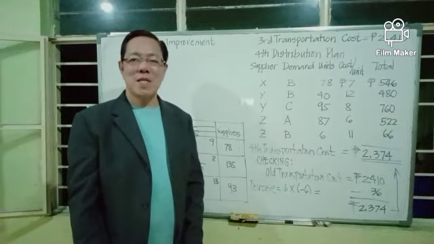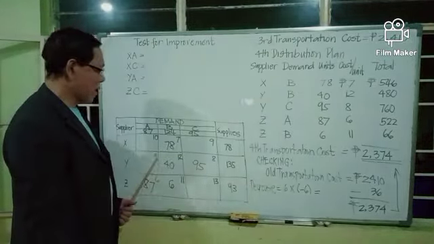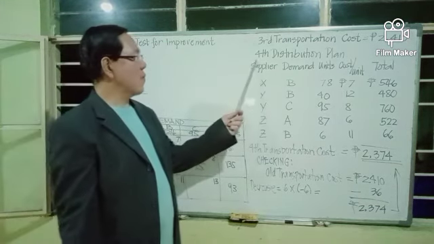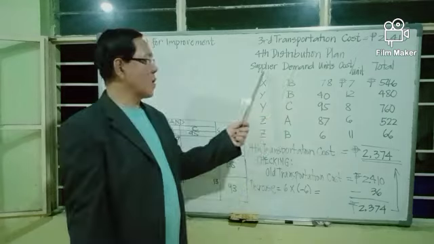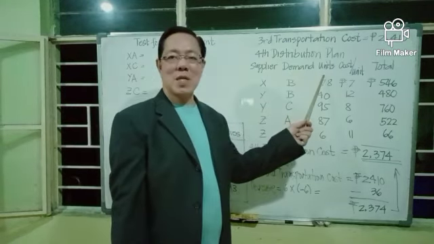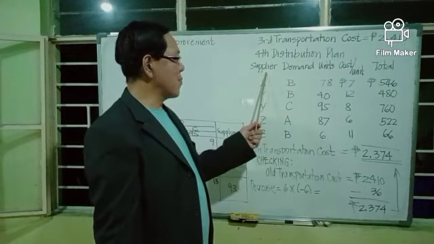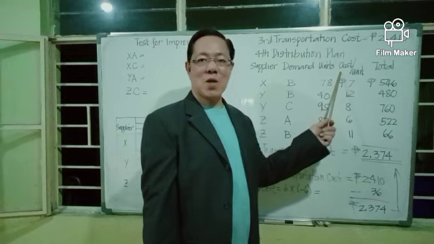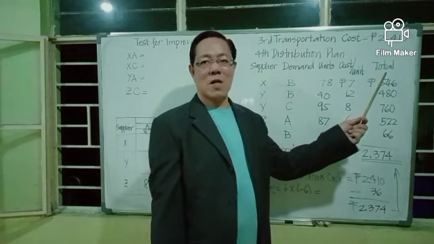Develop the fourth distribution plan corresponding to this fourth transportation table. In the first column we have supplier followed by demand, the number of units to be transported from supplier to the customer, the transportation cost per unit, and the total cost of transportation.